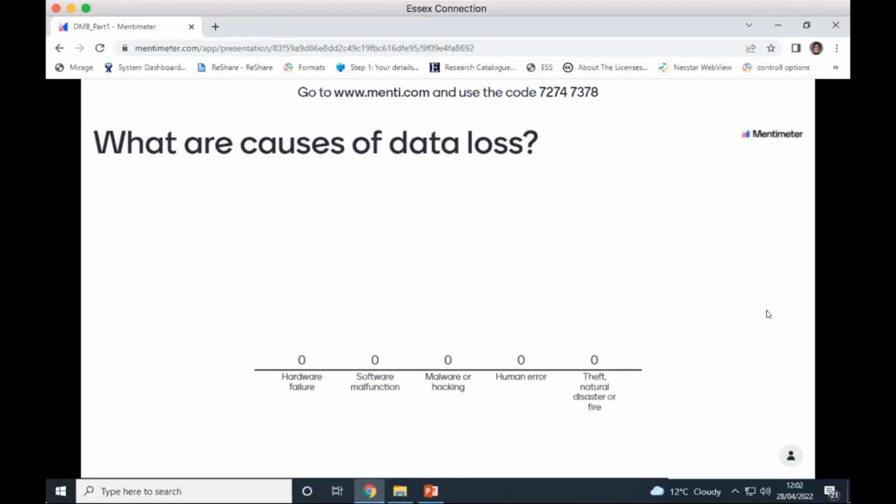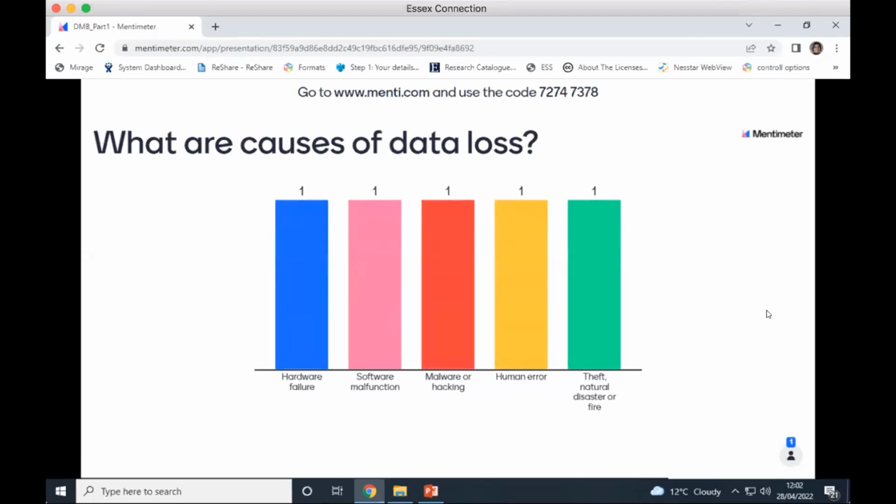And because we just talked about backup, what are causes of data loss? So we have hardware failure, we have software malfunction, we have malware or hacking, we have human error, or we have theft, natural disaster, or fire. I see, this is excellent. Yes, we were looking for all of them, really.